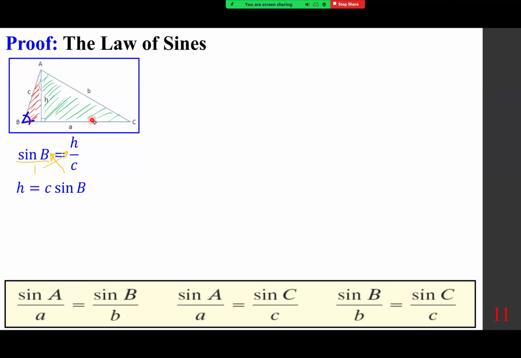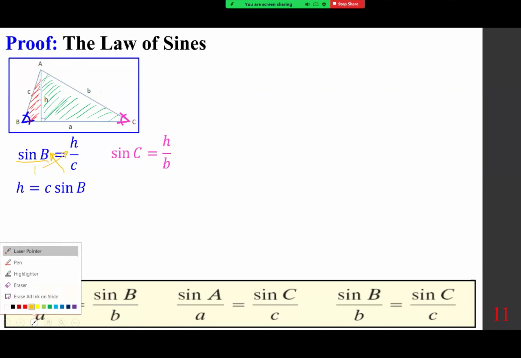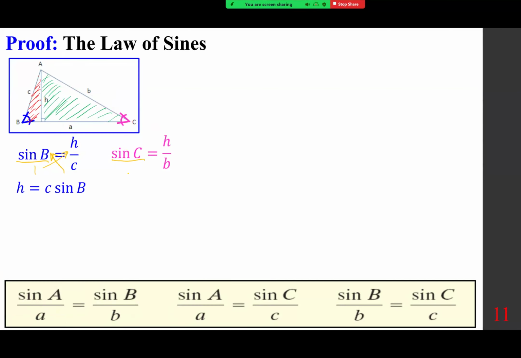Now let's look at this angle, this one. In this case, sine of C is the opposite, which is h, over the hypotenuse, which for this one is b. And again, let's do the cross product. h becomes b sine C. And so these two must be equal.